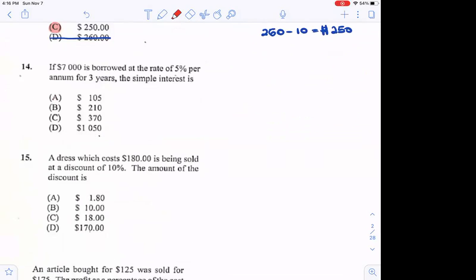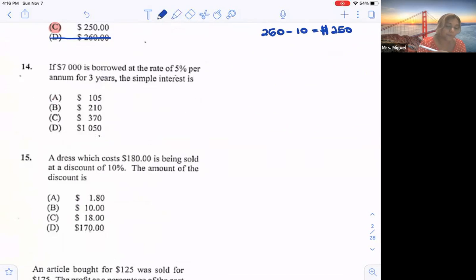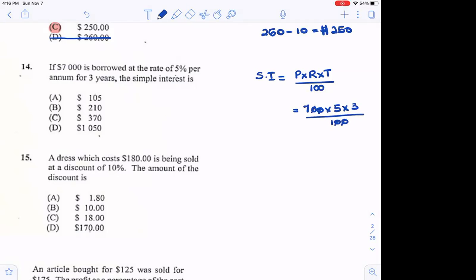$700 is borrowed. So right away, we know this is simple interest. The formula for simple interest is principal by rate by time over 100. The principal is the amount of money borrowed. 700 multiplied by 5 by 3 divided by 100. 7,000, sorry.